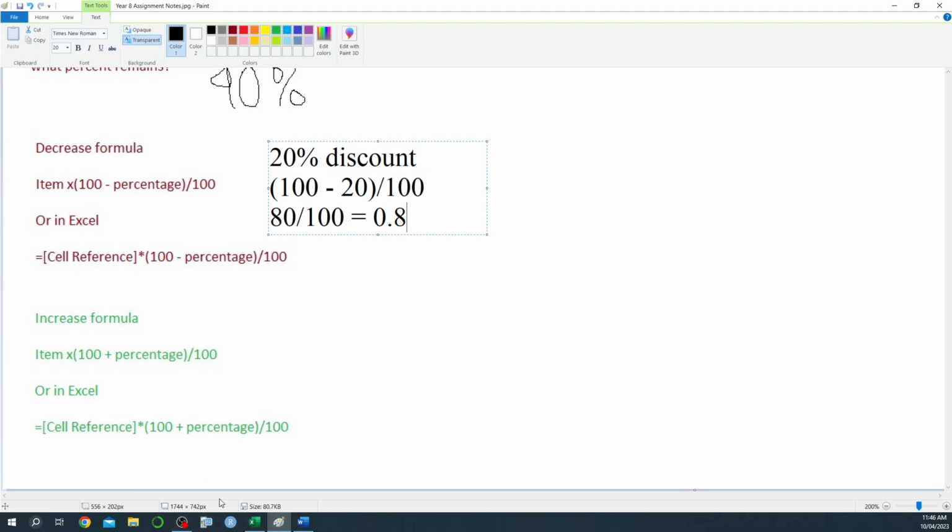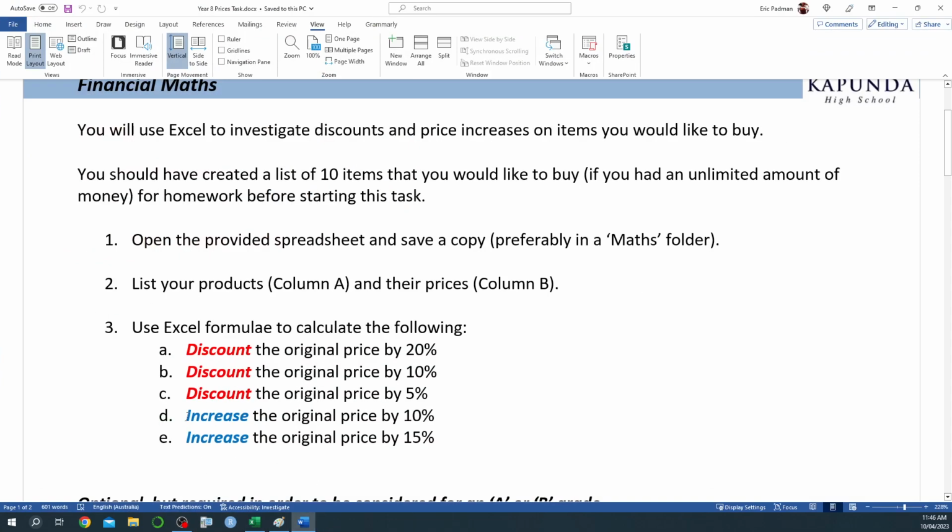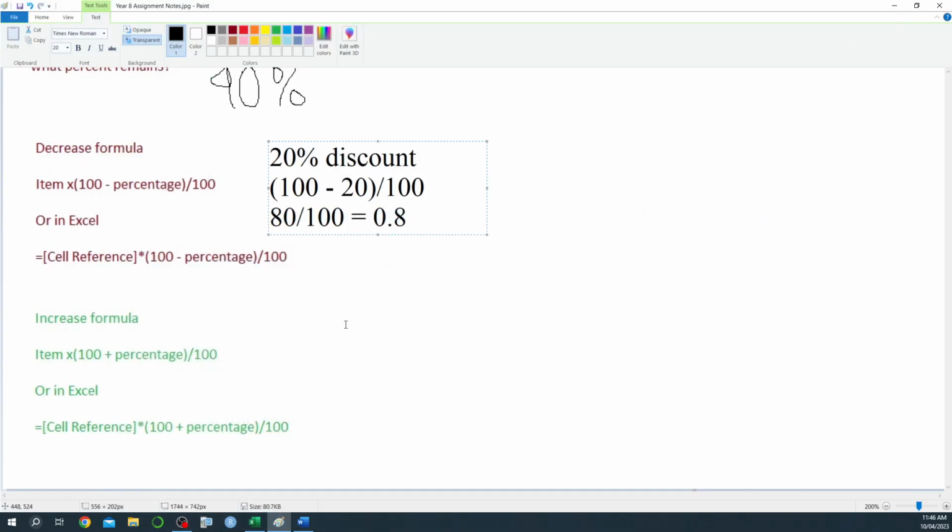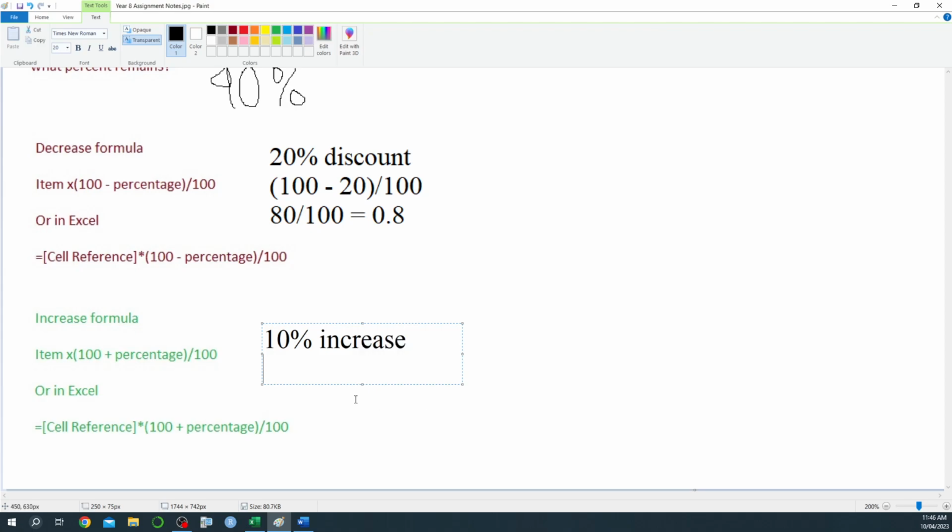Now, the other one we'll do is, okay, back to the assignment. Okay, we have an increase of 10%. Let's go work out what that is. All right, so we're going to use this formula over here. So we have a 10% increase: bracket 100, so that's everything, plus your extra 10%, divided by 100.